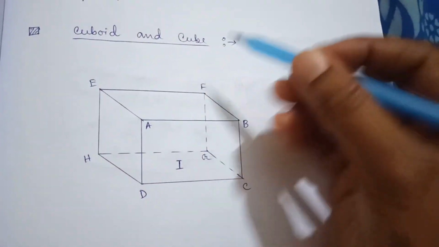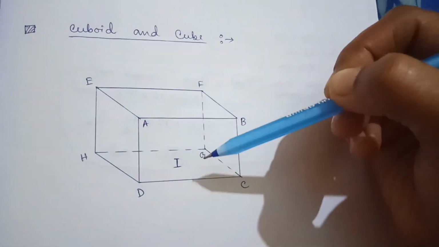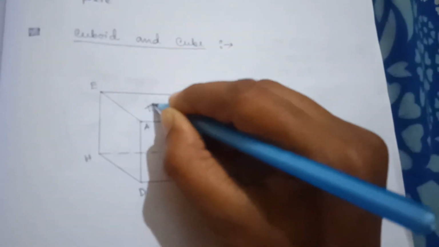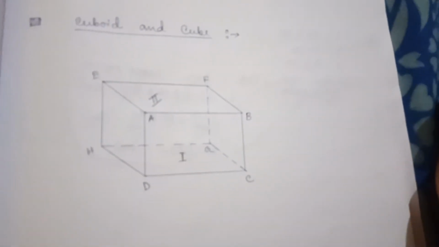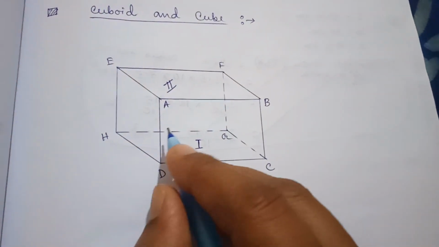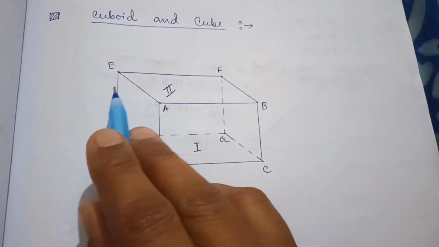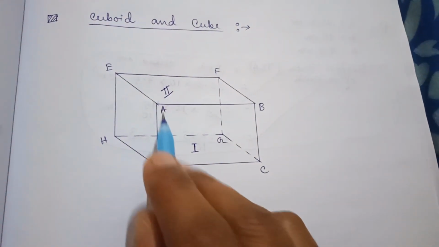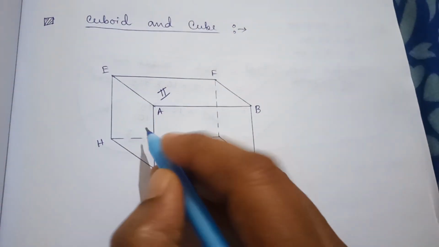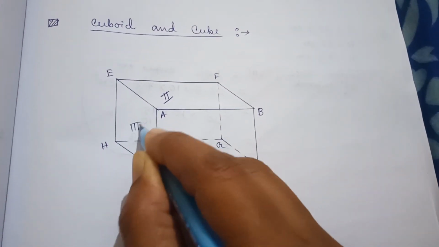Then the back face, that is E, F, G, H, I am giving as number 2. I am taking the left hand side face, A, D, H, E, as number 3.